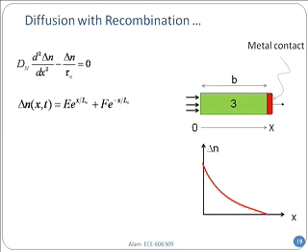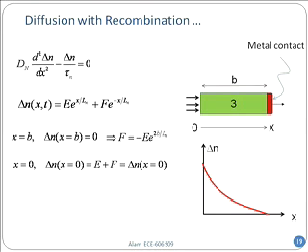If you put it in and solve it, I have L sub n, I have made it short and written in that form. Again, terminated by metal contact, delta n is 0. And so that relates F with E. And at x equals 0, remember this x and the previous x prime are not the same thing, right?